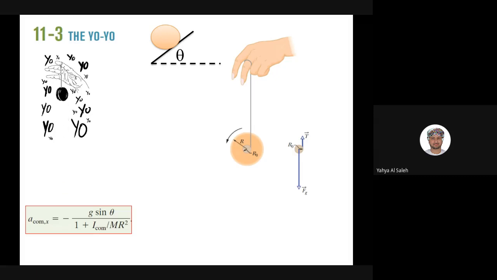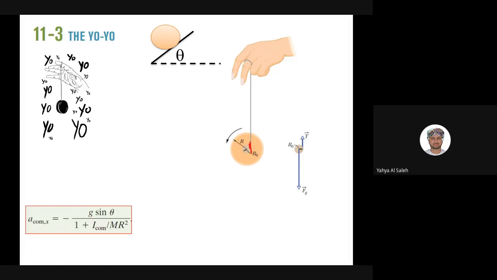What are the forces on a yo-yo? Well, on the center of mass, we have gravity acting, Fg, downwards. And we have the rope or the string that we're holding it with. You'll notice that the string doesn't actually attach in the middle, but to the edge of the spindle.